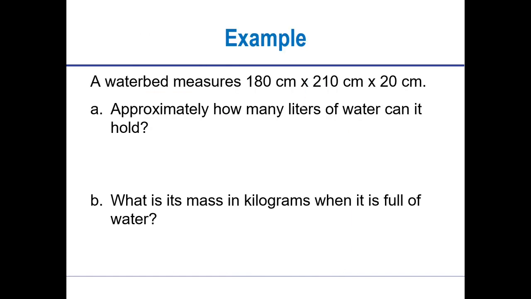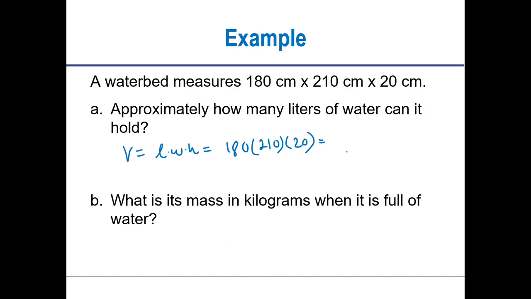A waterbed measures 180 centimeters by 210 centimeters by 20 centimeters. Approximately how many liters of water can it hold? We'll start by finding the volume. The volume is equal to the length times the width times the height, and in our problem, we're just going to multiply all of the numbers.